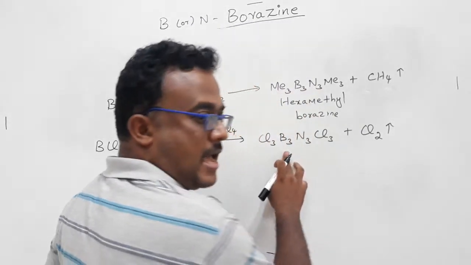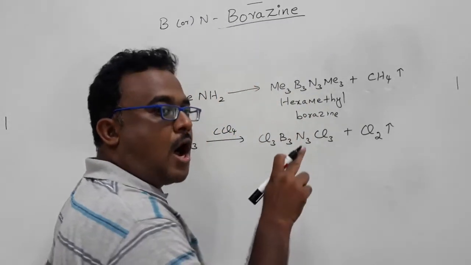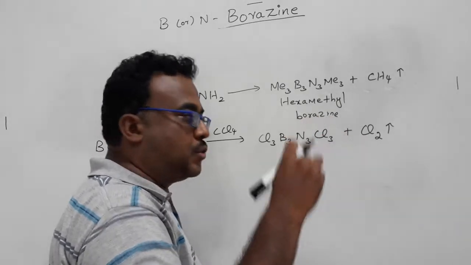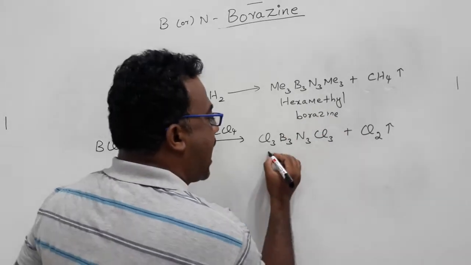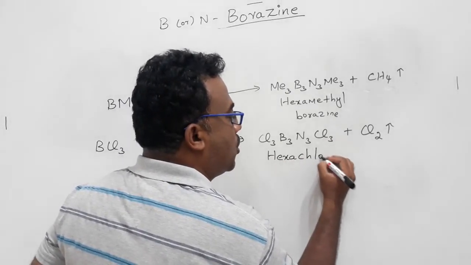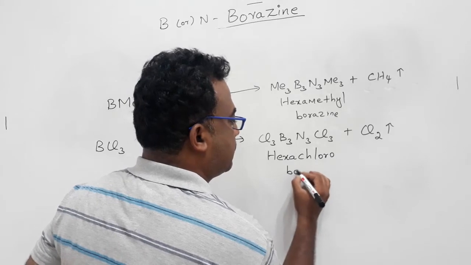So what happened here? In borazine, all the hydrogen atoms, I mean 6 hydrogen atoms, are substituted by chlorine to get hexachloroborazine.